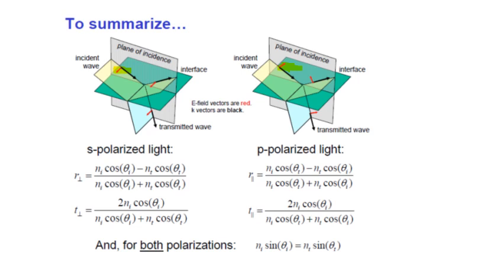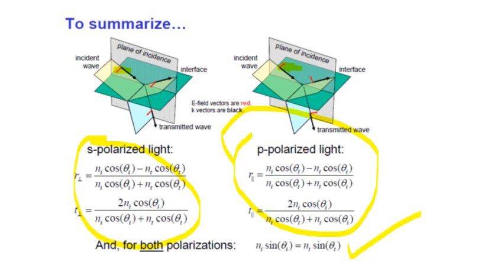And we have obtained the results for s-polarized light and for p-polarized light. For both polarizations, n_i sin theta_i is equal to n_t sin theta_t.